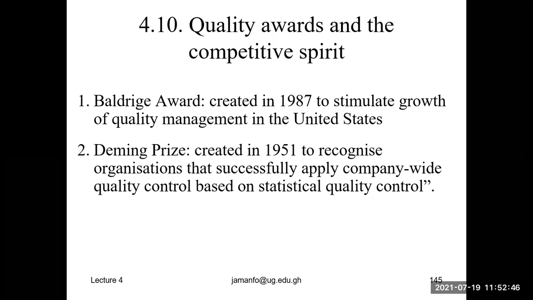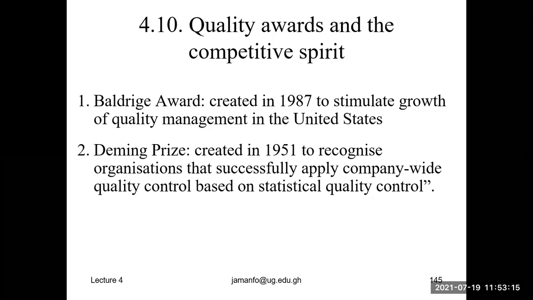And as they do that, they give an image to products from the country to other countries, and everybody wants to buy. I hear there is one by the Ghana Standards Authority, but it's not so popular. It was instituted only in 2017. Maybe we give it 2 or 3 years and it will be better.